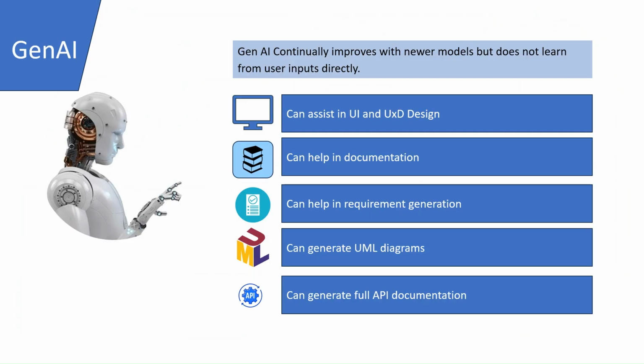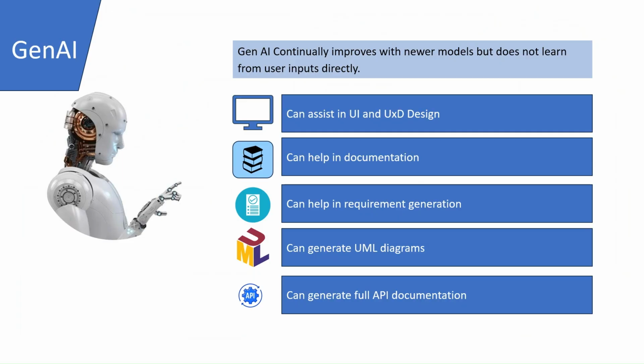That's what I said in the previous slide. That is, from the user input, it will not update its model, and so the user input data is not saved anywhere or used anywhere. So your input to GenAI is very safe.